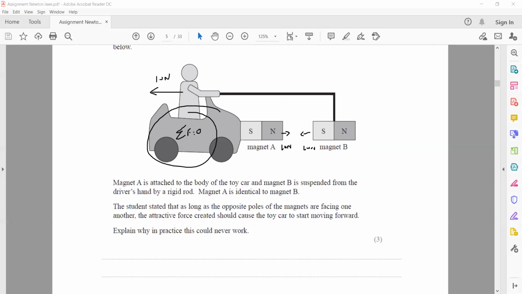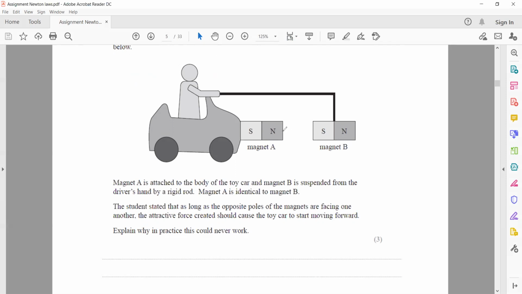So when you write the answer, you mention that according to Newton's third law, magnet A exerts a force on magnet B and magnet B exerts a force on magnet A. The two forces are equal and opposite in direction, but there is no resultant force, because to get an acceleration or change in speed, there must be a resultant force.